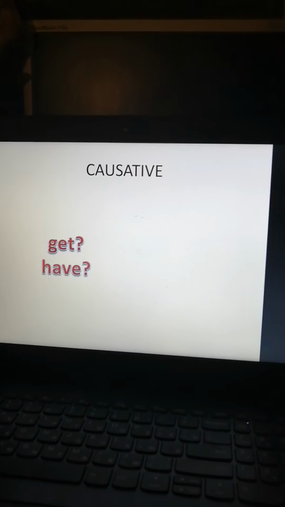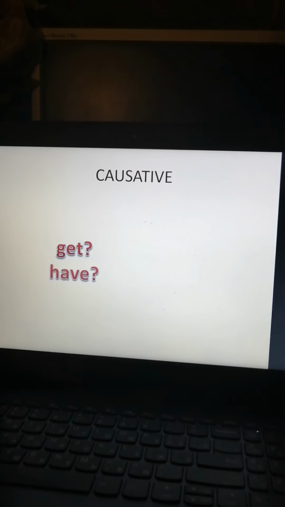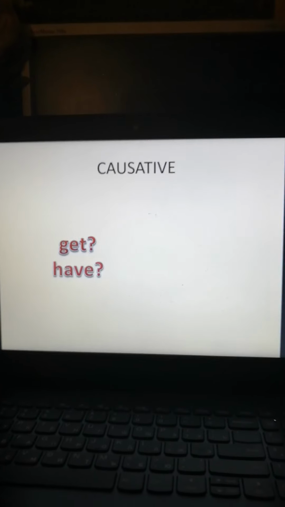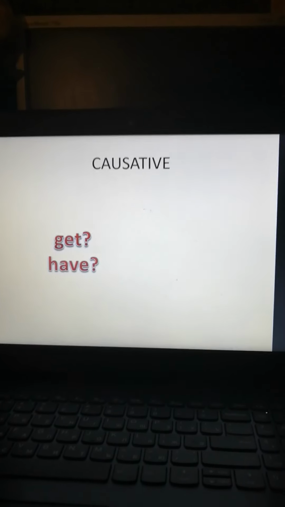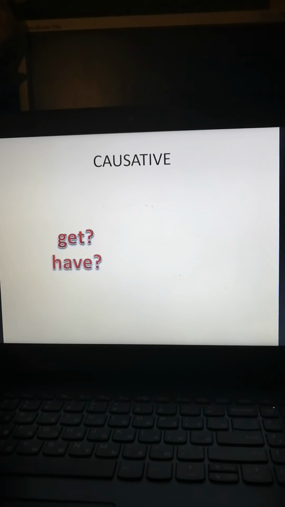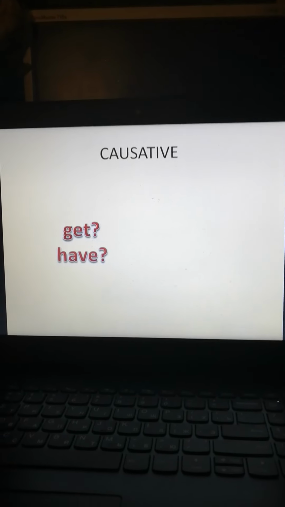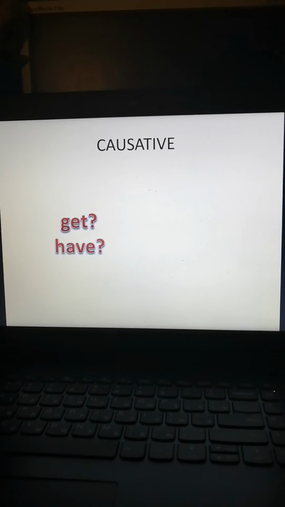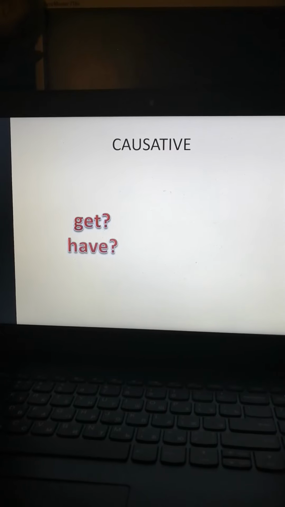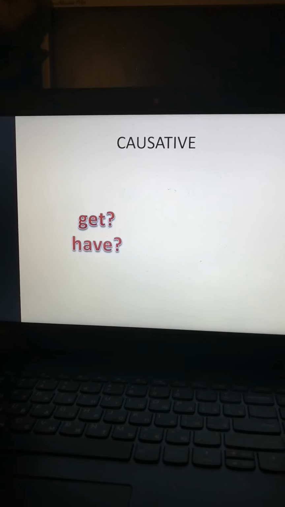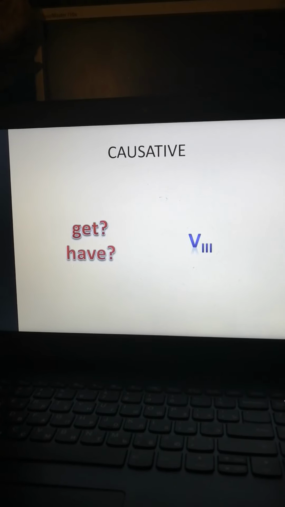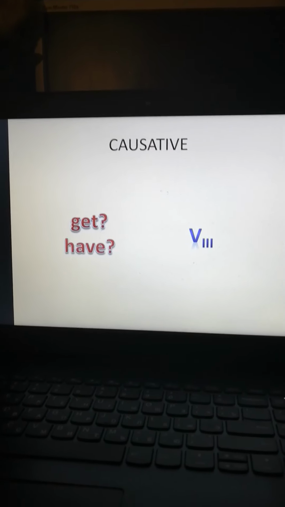By the way, there's no difference between get and have. So if you say causative with get or with have, it's absolutely the same. You can put have and get in really any tense you need. And what form is the main verb in? Yes, it's in the third form, just like with the passive.